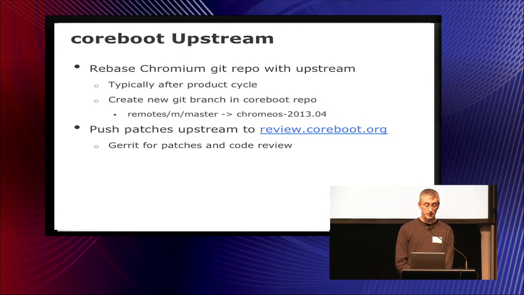When that does happen, we will create a new Git branch in our local coreboot repo, and we'll point the master at it. The way our repo tool works is it keeps track of what the current master is pointing at, so we can just point it at the new one, and the old one sticks around for all the other boards that are still there.